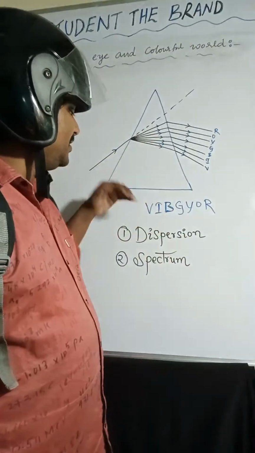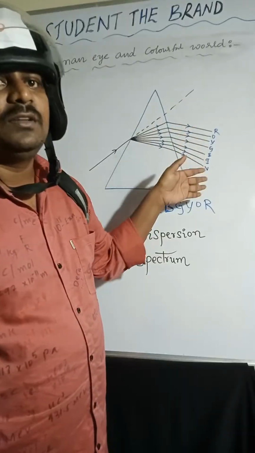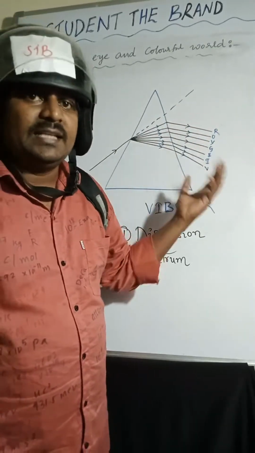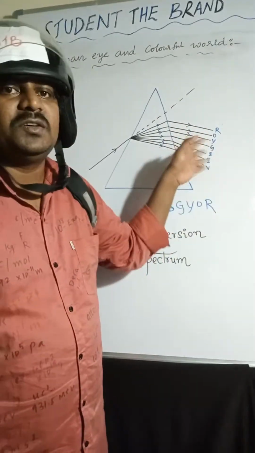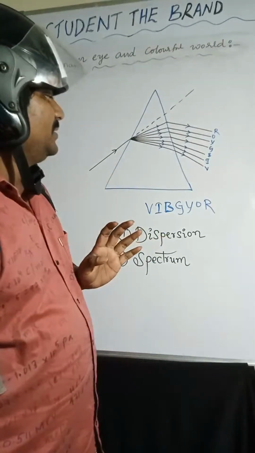Spectrum is nothing but the band of colors that forms. The 7 colors forming like a band is known as spectrum. Splitting of white light into 7 colors is known as dispersion.